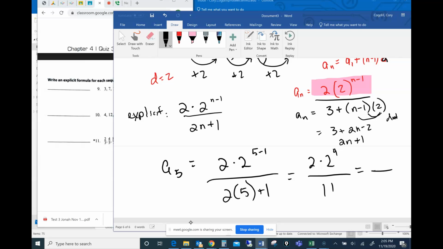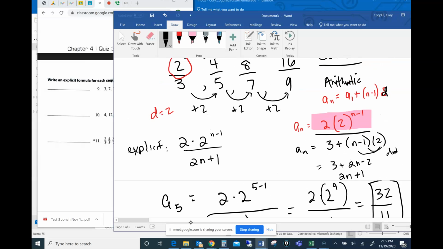What is 2 to the 4th? 2 times 2 times 2 times 2 is 16. And then 16 times 2? 32. So the next term would be 32 over 11.